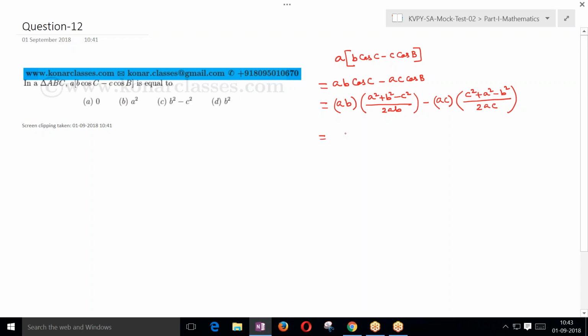Now AB got cancelled, so we get 1 by 2 into (a square plus b square minus c square) minus, here also I can take 1 by 2 common, then we get (c square plus a square minus b square). Now let's take 1 by 2 common.